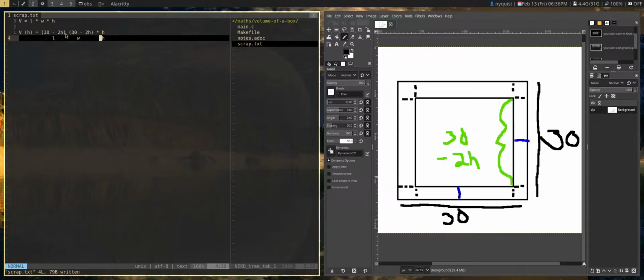Yeah, so this is probably not going to be too hard to do. You can realize that we can do 30 times 30, which is 900, minus 30 times 2h. Let's write this out real quick. 30 times 30 is 900.